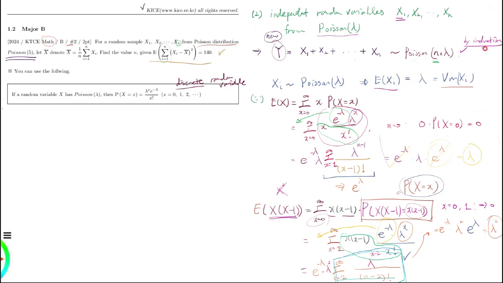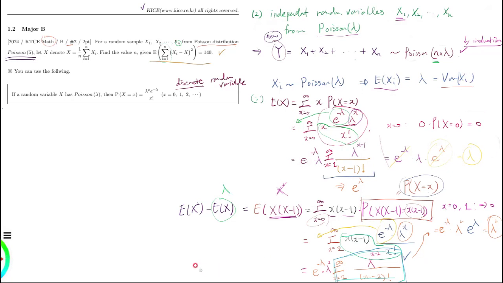Okay, so from here, by linearity, I can figure out that this is nothing but mean value of x squared minus mean value of x, and I do know the mean value of x, which is lambda here.